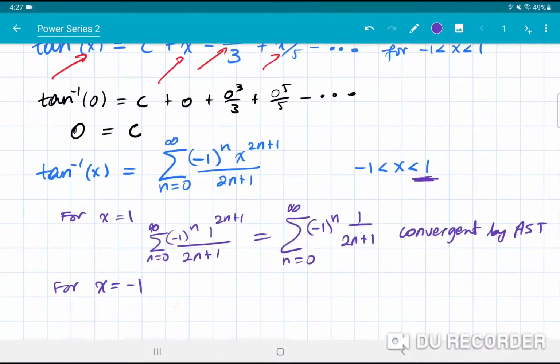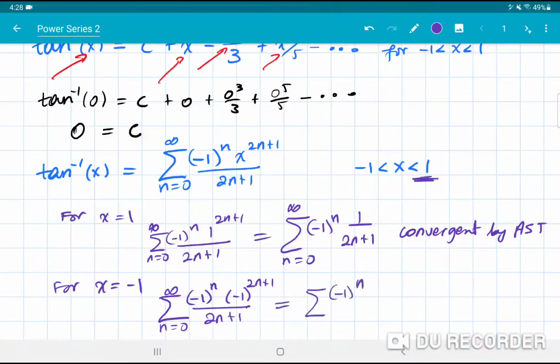Let's check negative 1. So if you stick negative 1 in for x, that gives you negative 1 to the n, negative 1 to the power of 2n plus 1, divided by 2n plus 1, n from 0 to infinity. Negative 1 to the power of 2n plus 1 happens to be negative 1, because this is always odd, and therefore this is always negative 1.